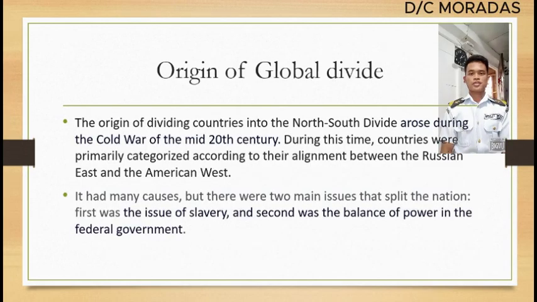So let's talk about the origin of the global divide. The origin of dividing countries into the North-South divide arose during the Cold War of the mid-20th century. So what is the Cold War?